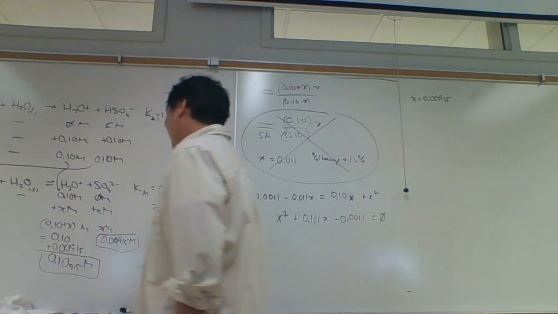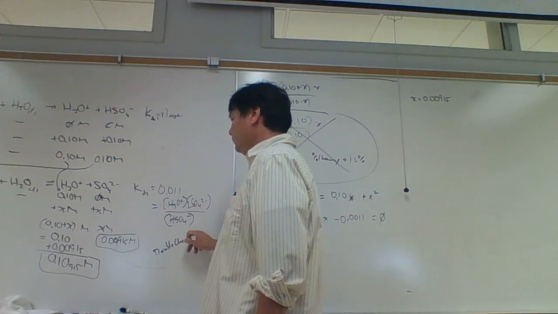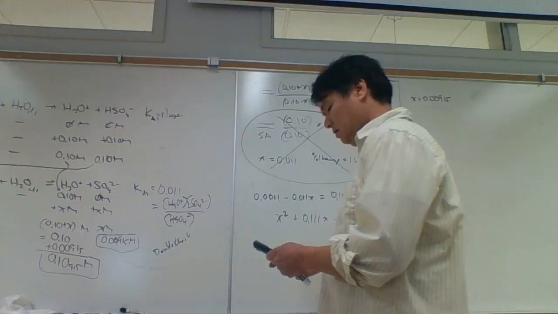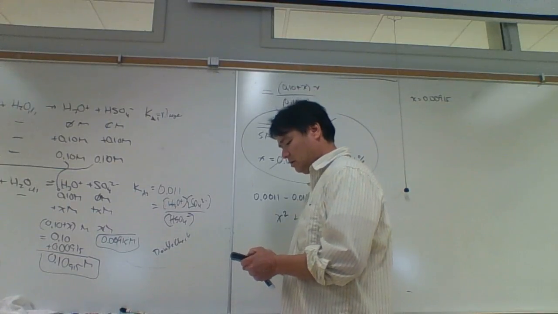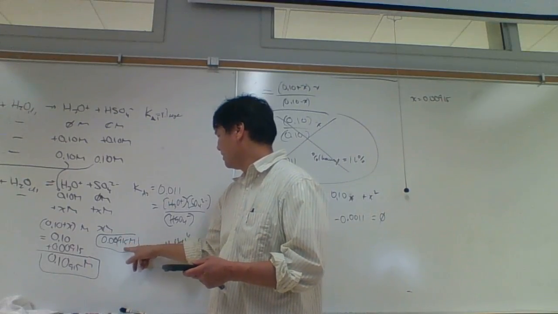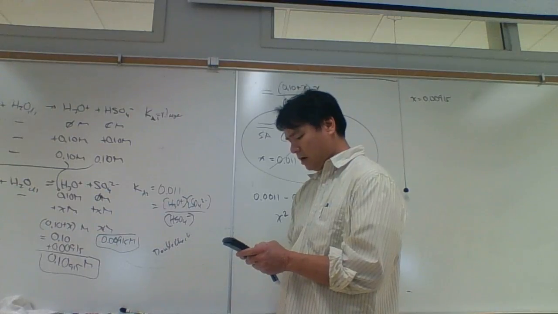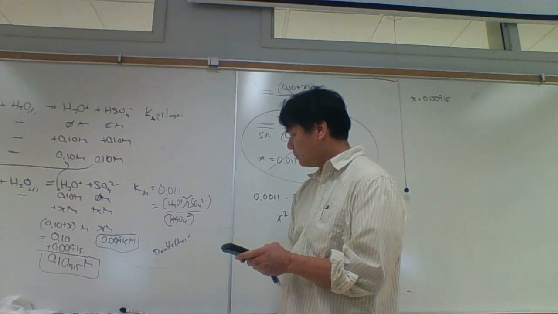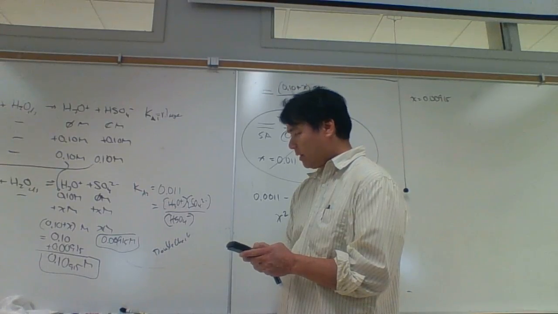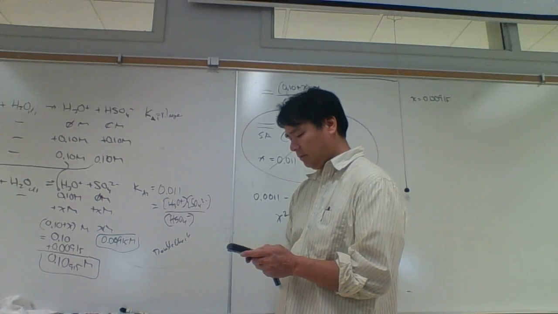All right, let's double check this just to make sure. Looks okay. And so for the double check, we'll just take this times this divided by that. So 0.10915 times 0.00915 divided by 0.09085.